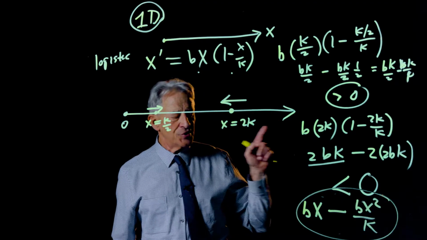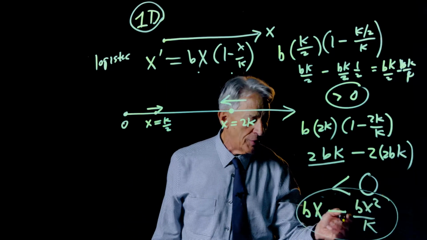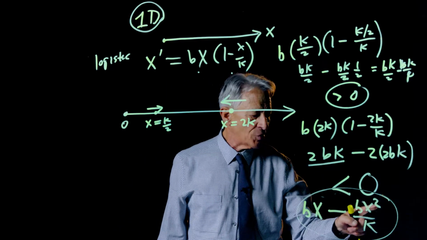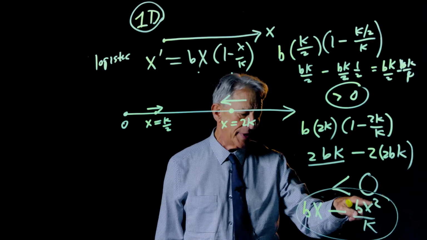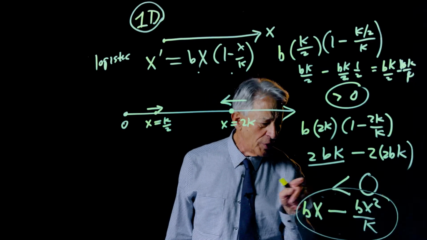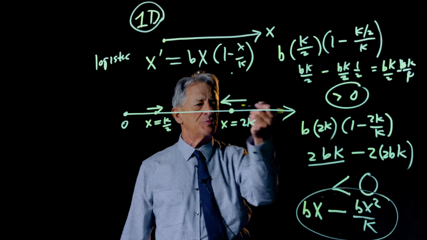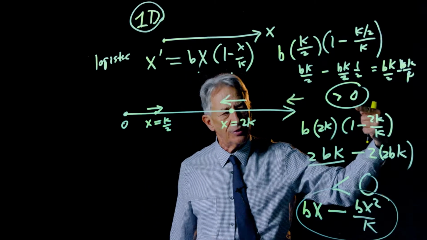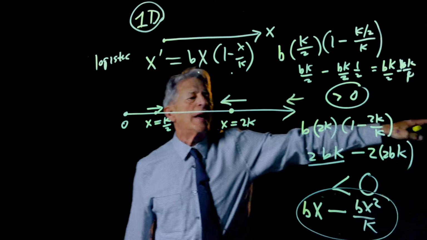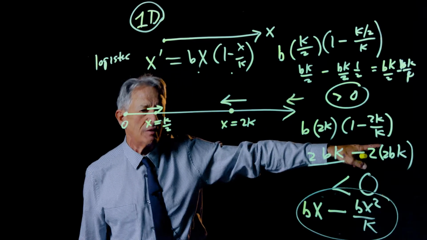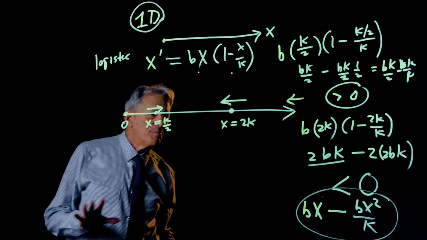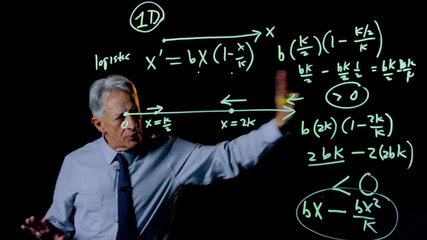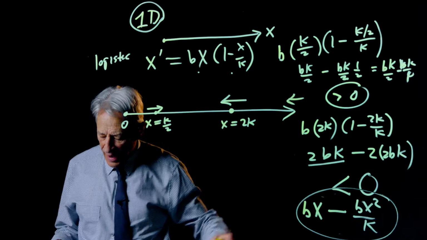Now, if x is huge, the x squared is going to dominate. x squared is just going to be much larger than x when x is large. And so it's always going to be negative. It's always going to be pointing to the left, even at x equals 10 million. So that's point number 1. We can see what's happening far away.